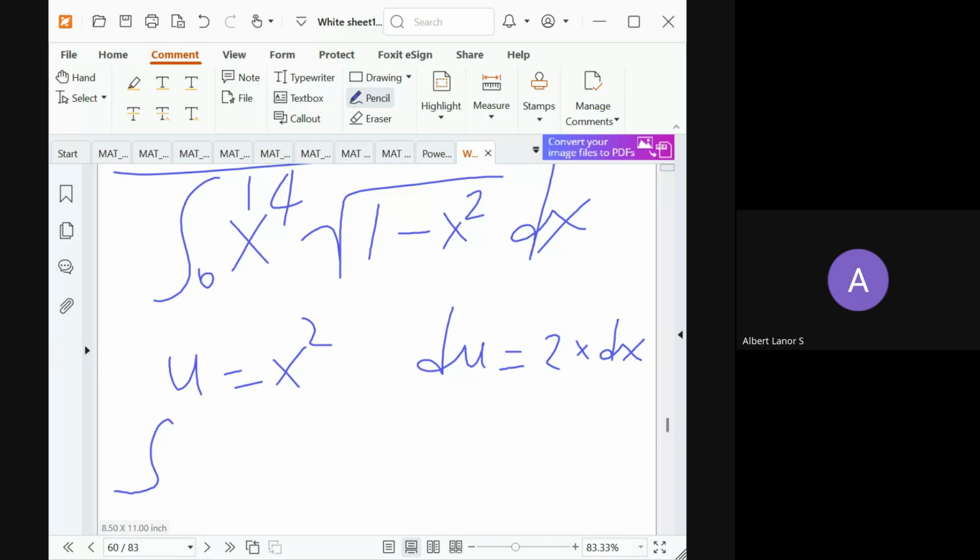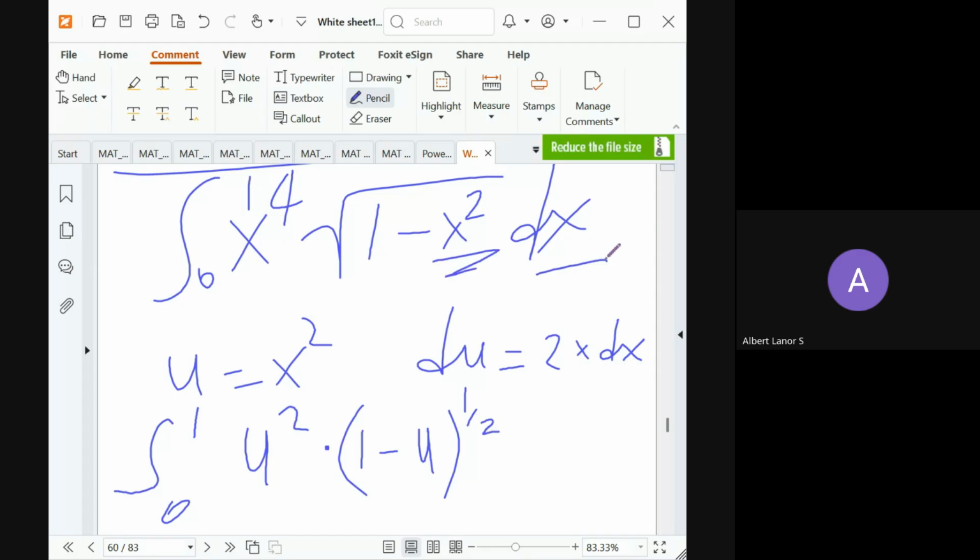But if x is 0, then you have 0. If x is 1, it will still be the same. Then x to the power 4 is u squared times the square root of 1 minus u, so that will be 1 minus u to the power half. So the x squared is u.